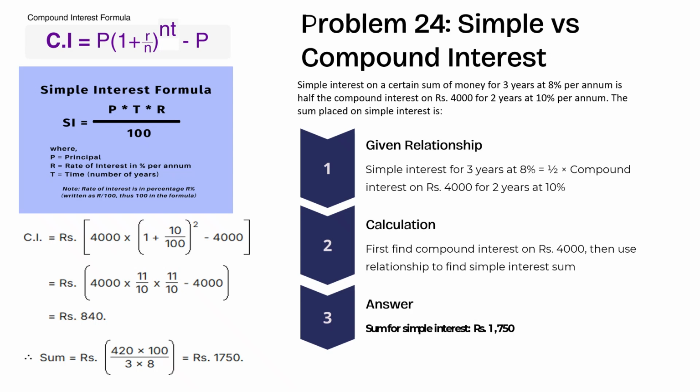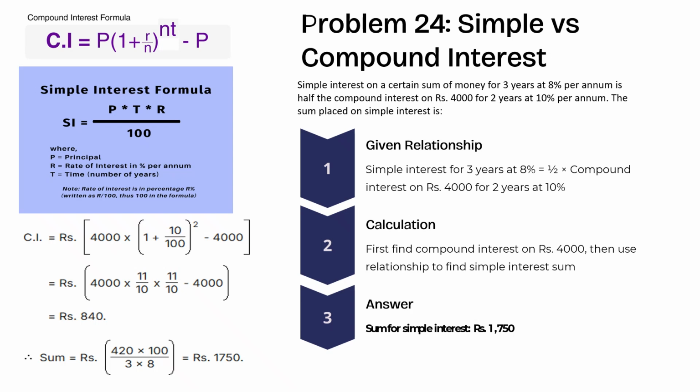So what is the given relationship in these two? Simple interest for 3 years at 8% is equal to half into the compound interest on 4,000 for 2 years at 10% per annum.